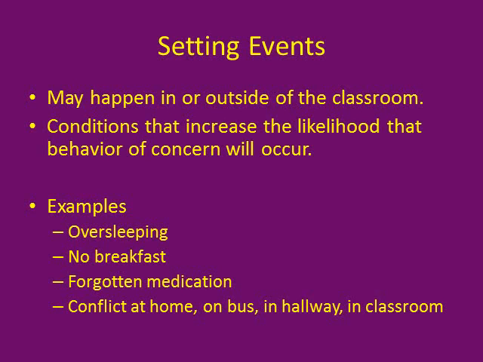These are conditions that increase the likelihood that the behavior of concern will occur. So some examples are oversleeping, not having breakfast, forgetting their medication, a conflict at home, on the bus, in the hallway, in the classroom. So think about yourself. When are you most likely to be more triggered? We also think of somatic complaints, earaches, allergies, etc., which can occasion behavior more frequently.